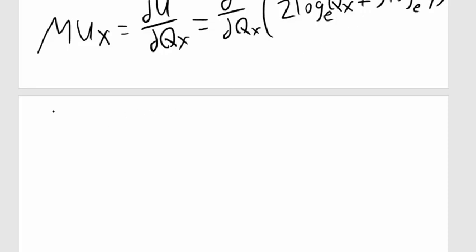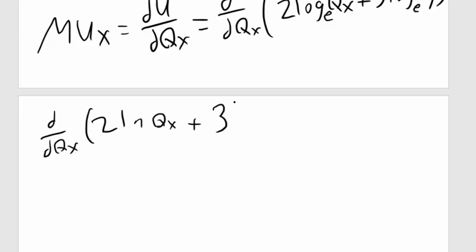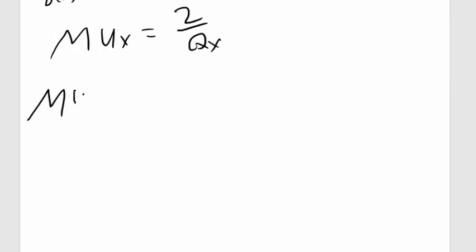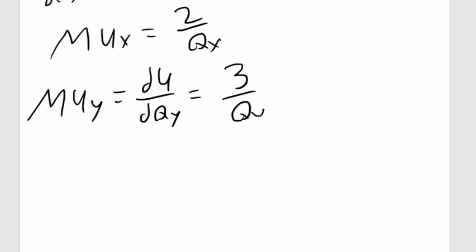So we can rewrite this as the derivative with respect to QX of 2 ln QX plus 3 ln QY. If we take the derivative with respect to QX, our marginal utility of X equals 2 over QX. We can do the same thing for marginal utility of Y. So we take the derivative of the utility function with respect to QY, and that will give us 3 over QY.